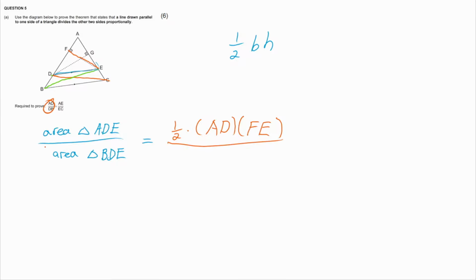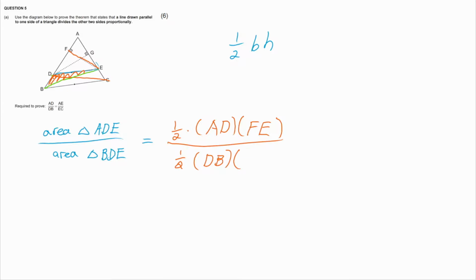So we're going to get AD over DB. Let's have a look. We're now dealing with triangle BDE, which is this thing over here. Because I mentioned DB, we're going to use this as the base of the triangle. We could write it as BD, but I'm going to write it as DB because that's how it is in the question; it's the same thing. Now we need to ask ourselves, for this triangle, what is the perpendicular height?